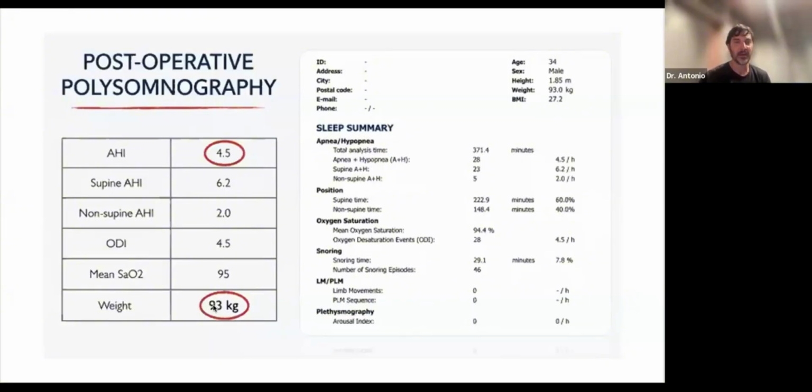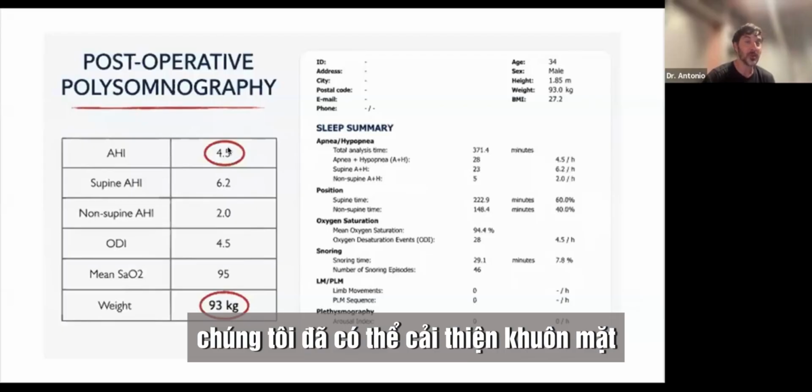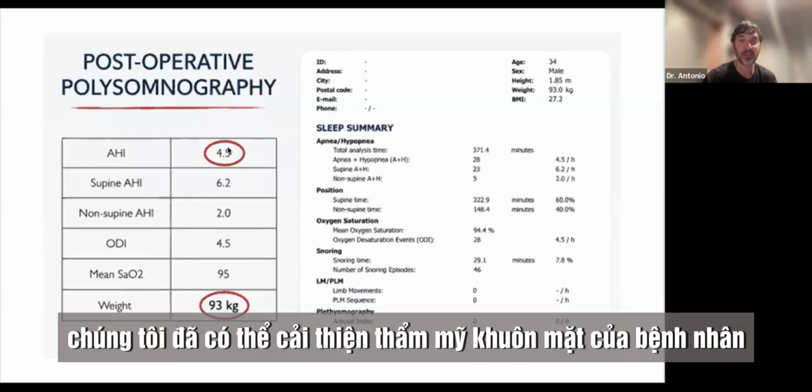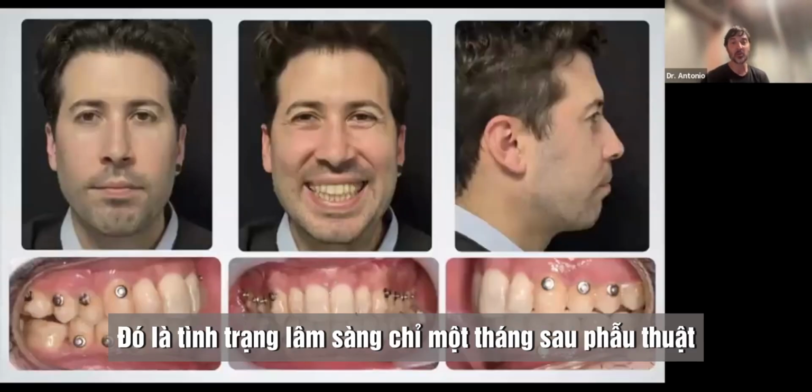We started from 36 and now we are less than 5. So with the orthodontic surgery, we were able to improve the facial aesthetic of the patient, and mainly we solved the problem of the apnea. That is the clinical situation just 1 month after surgery.